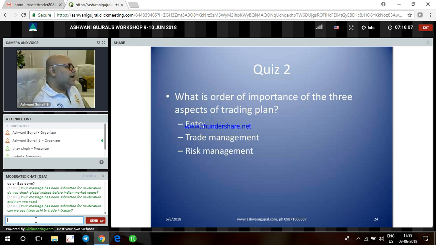I don't find any value in Heikin-Ashi intraday. By the time Heikin-Ashi tells you, why shouldn't you look at the chart directly and make an assessment? There are no automated machines which can decide for you.